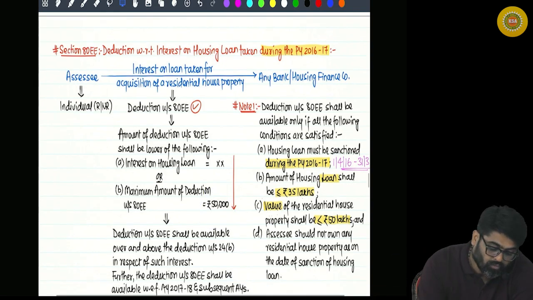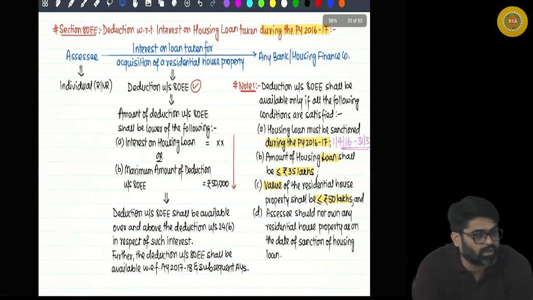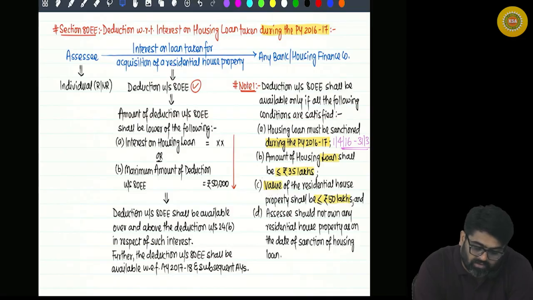But for that, four conditions must be fulfilled. Number 1, the housing loan must be sanctioned during the previous year. You have to check the date of sanction. So the loan must be sanctioned in 16-17. The amount of loan should not be more than 35 lakhs. By taking this loan, the property is purchased.